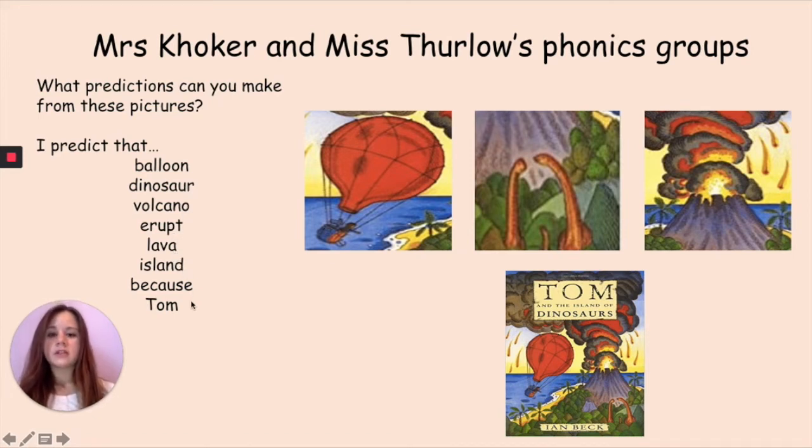Those are some key words and they are quite tricky to spell. Once you've made predictions with these 3 pictures, your challenge is to make another prediction on your own. For all of the activities today, there is a sheet on the website with the pictures that you could use for your predictions.